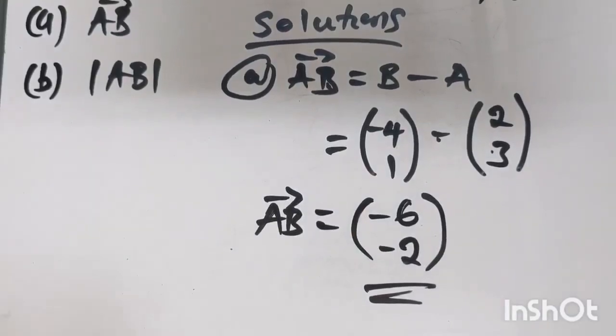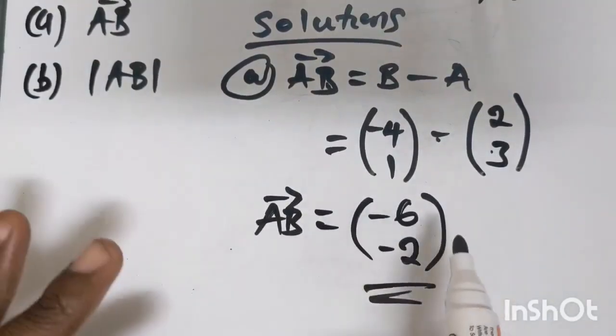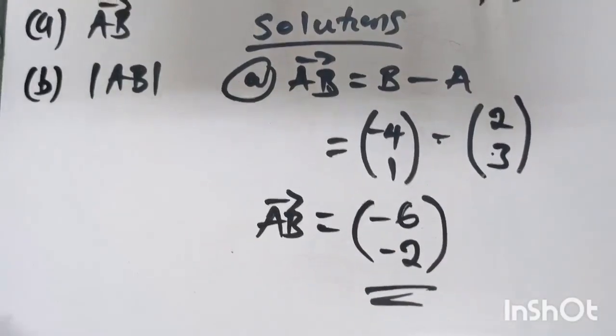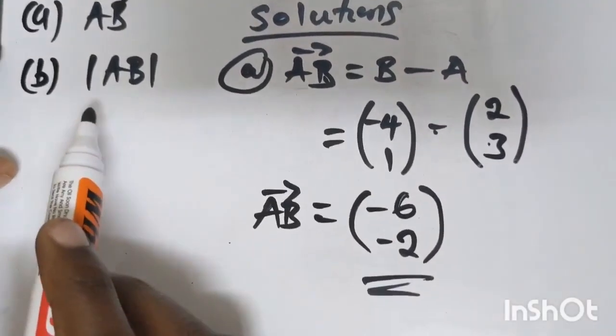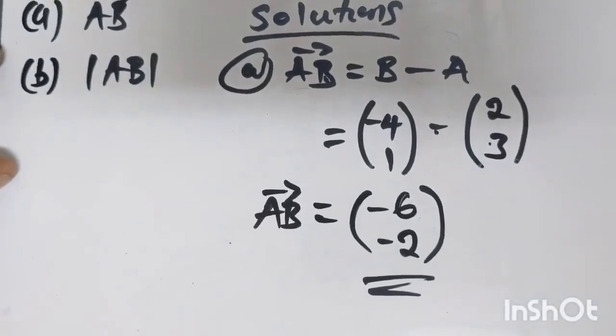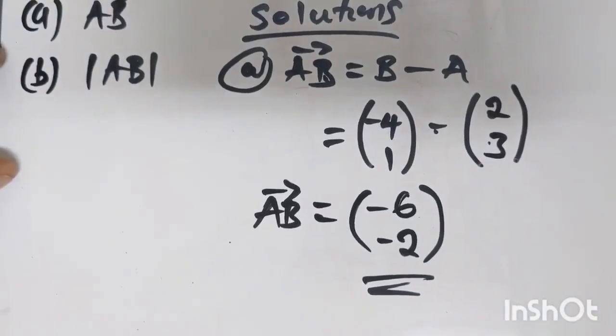Okay, so you can find the magnitude. This one we have already found the vector. This is the magnitude now that we are trying to find here. When you want to find the magnitude, you can use two formulas when you are given 2 points.